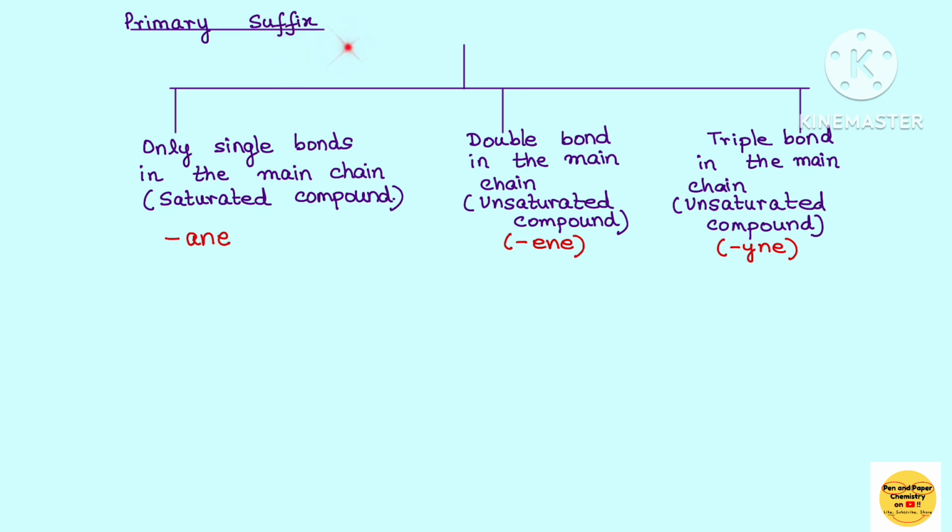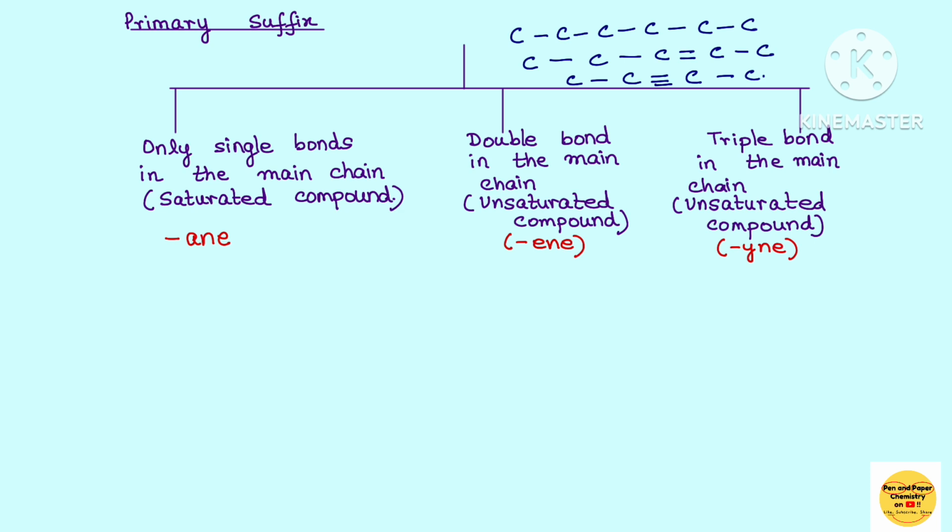It tells me the nature of the carbon chain. That means whether my carbon chain has only got single bonds, or my carbon chain has at least 1 double bond, or my carbon chain has triple bonds.